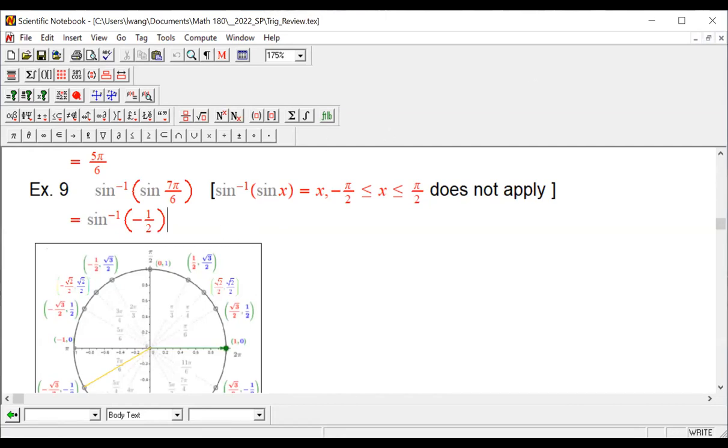And then we're dealing with arc sine. When we're dealing with arc sine, what happens? No-fly zone. So for arc sine of negative 1/2, there's only one angle, which is going to be negative 2 pi over 6.